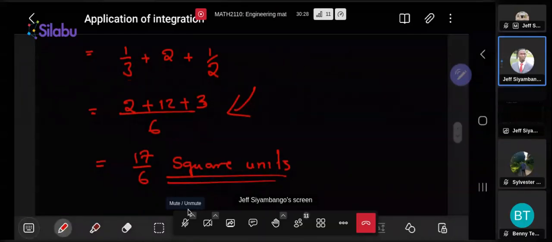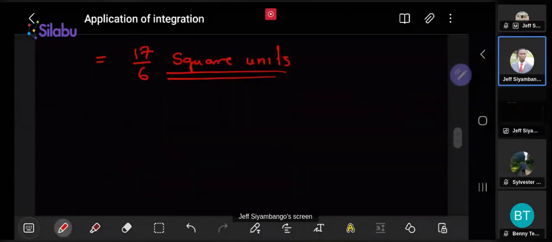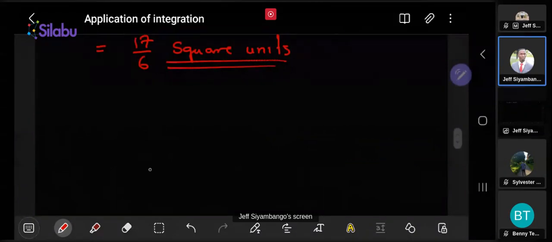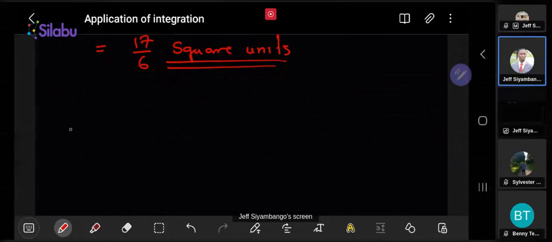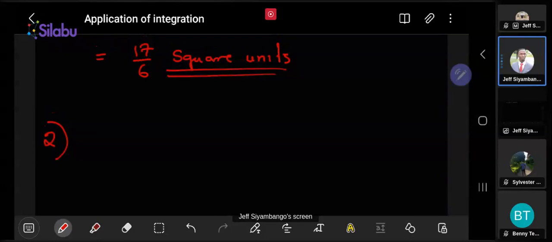Okay, let's look at another example. I think we can do one more. So look at this one now. Same thing, find the area. Now we have perhaps something close to what you wanted. Let me just copy the first part of this question.